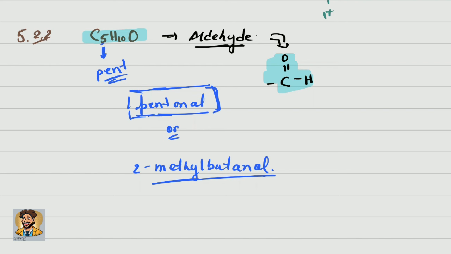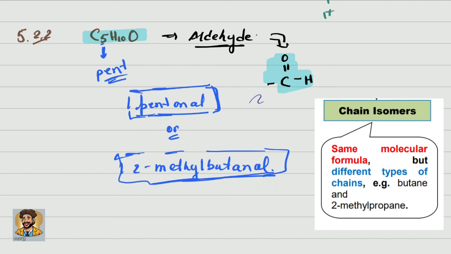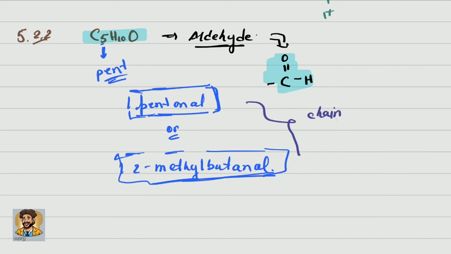There are more options, guys. You can draw the structure and see how many you can have. Actually, all of these ones will be chain isomers, one from the other. You can draw the structure and see how many possibilities you will get. That is a good practice.